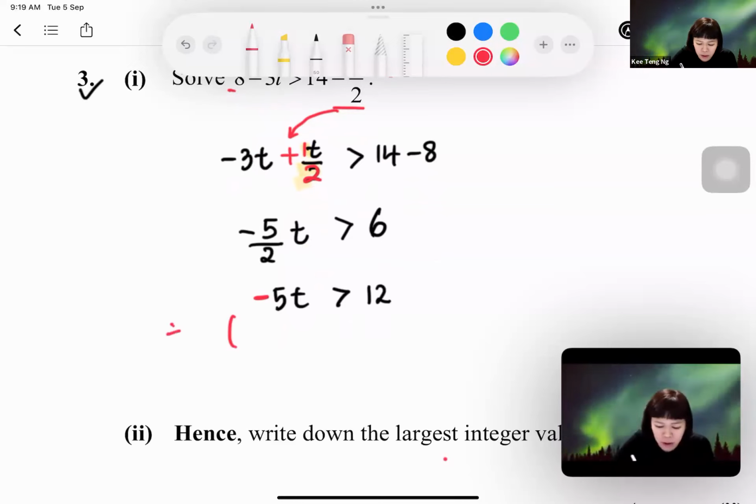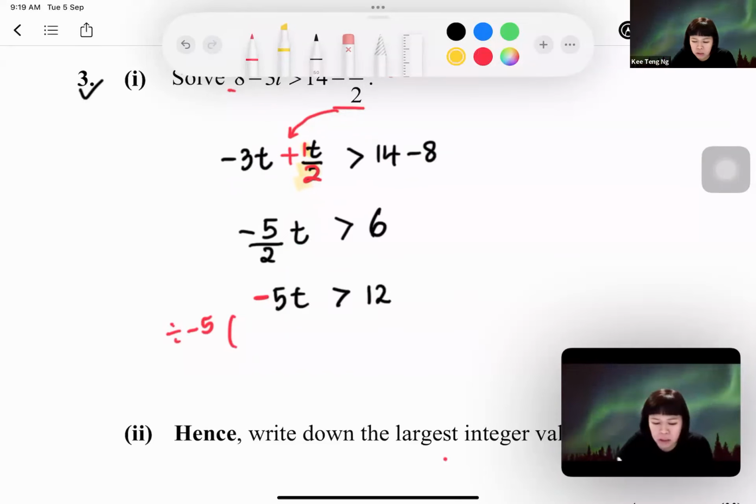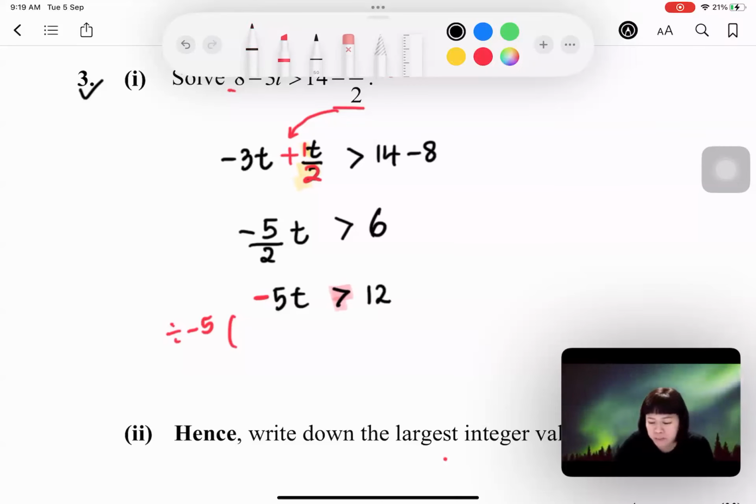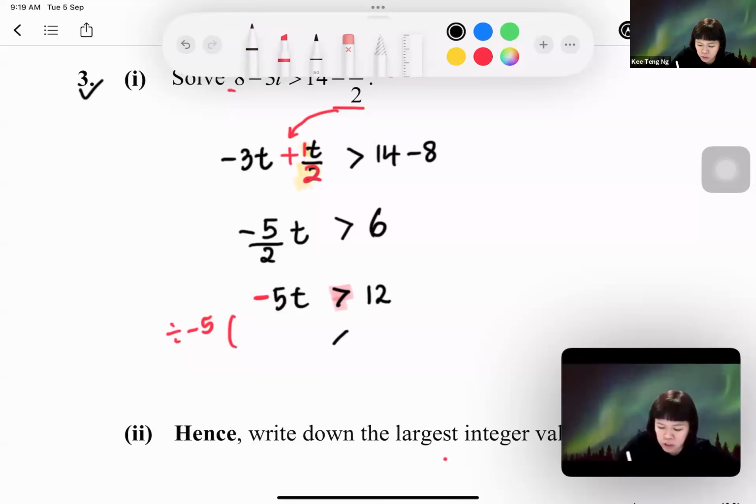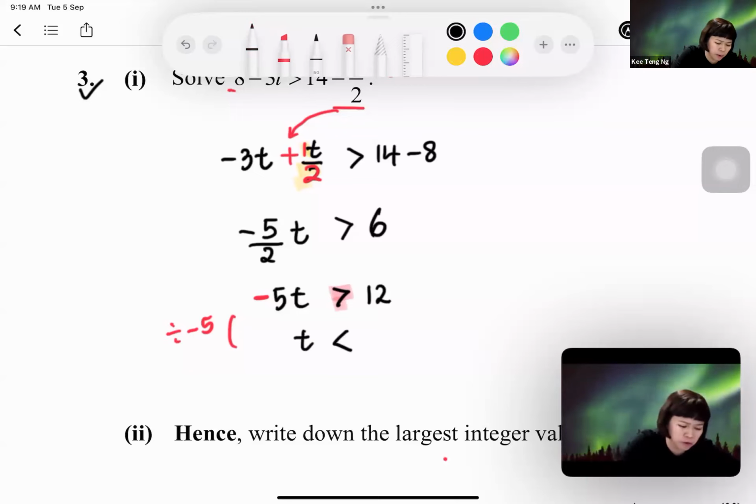What must happen to my inequality sign? Anyone? Flip. Yeah, we must flip the direction. So I'm going to change this to this. And this is t. So it will be 12 divided by negative 5. That gives me negative 2.4.